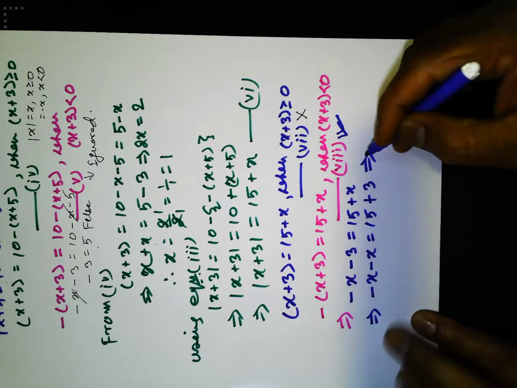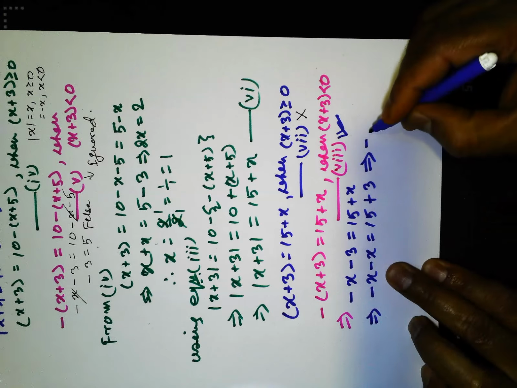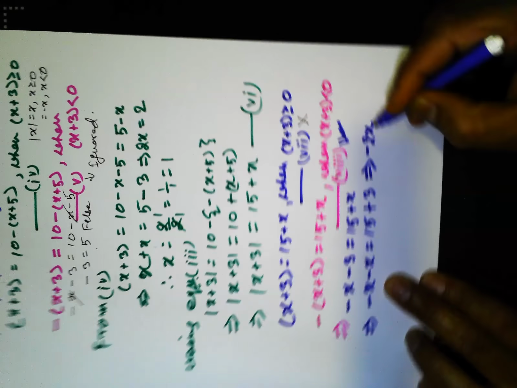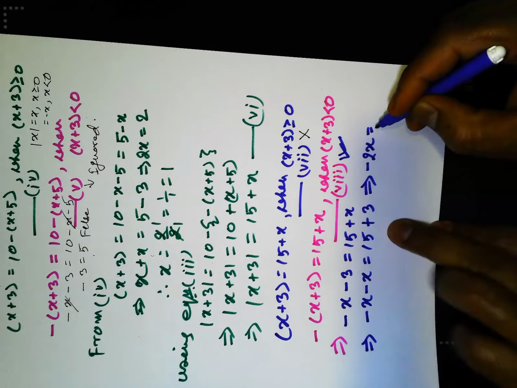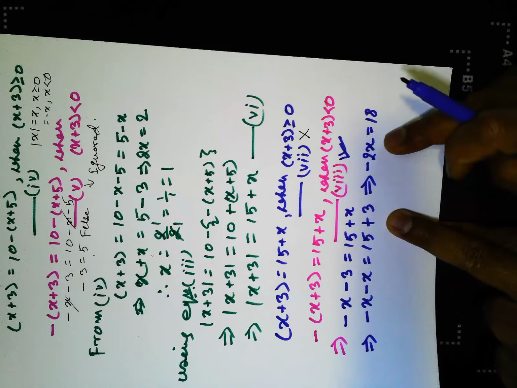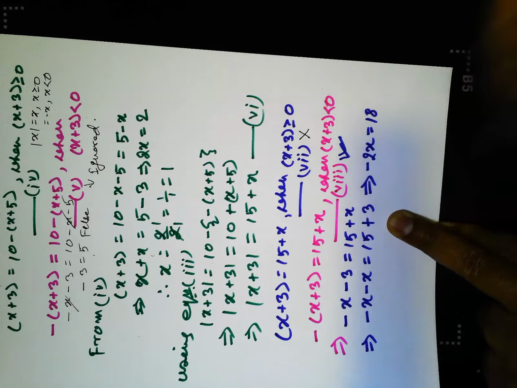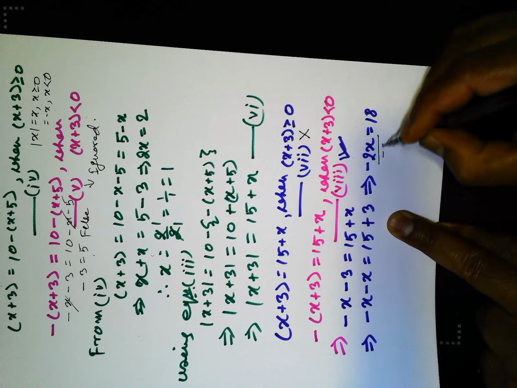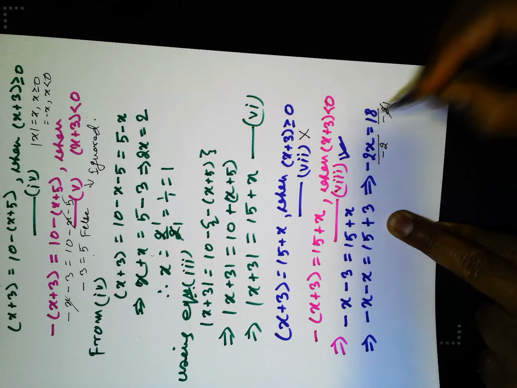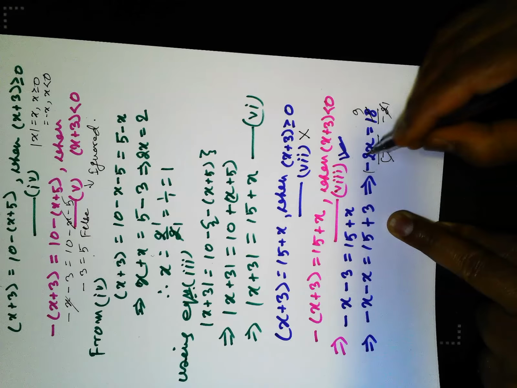So in fact you have minus x minus x, they will get added to each other, and it will be minus 2x equals 15 plus 3 is 18. Now minus 2 is the coefficient of x, that is, it is multiplied with x. When you transpose to the other side, that means you divide both sides by minus 2 and minus 2, it's going to be 2 ones are 2, and 2 nines are 18, and these two terms will be cancelled.